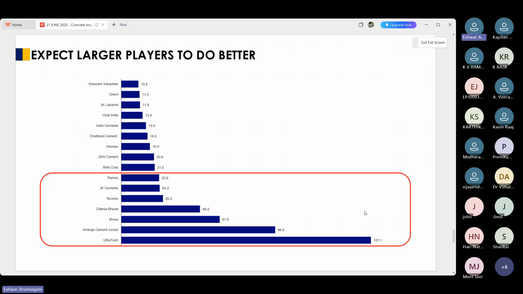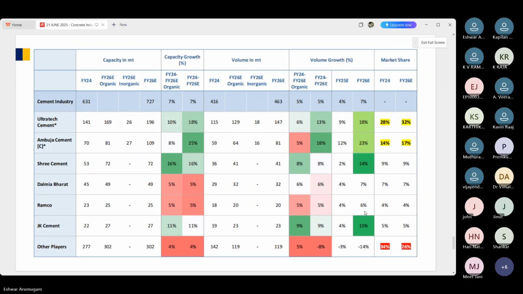So let's move on to the next slide. This is a sell-side report by Spark Capital. If we look at Ultratech Cement, they expect its market share to go from 28% to 38% by FY26, and Ambuja Cements to go from 14% to 17%. So essentially, the two players will almost control 50% of the cement capacity market, which is actually huge.